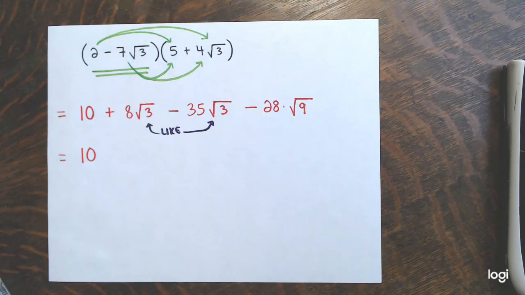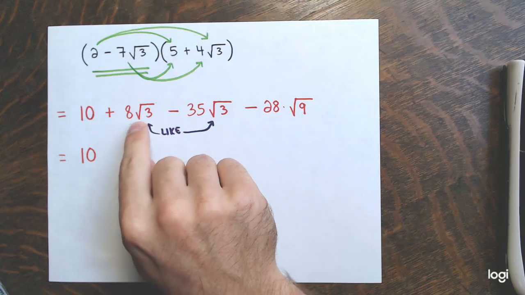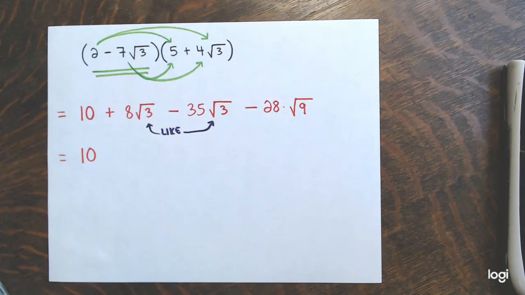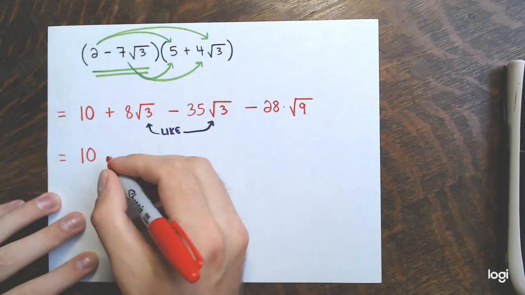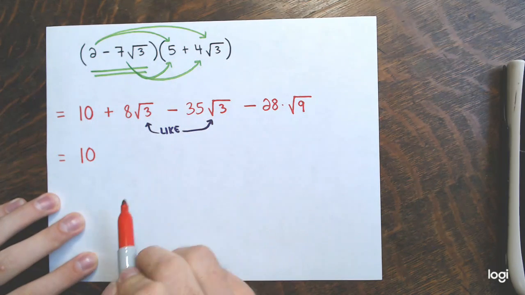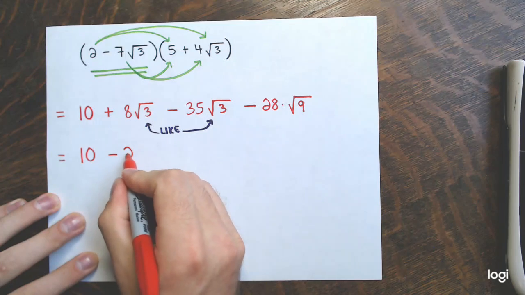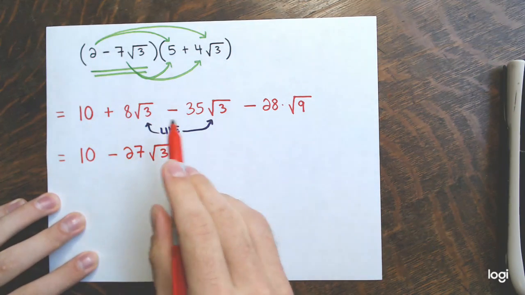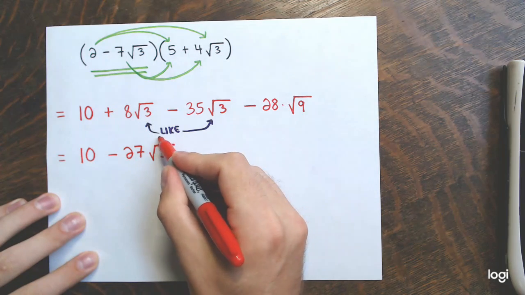Another way you could think about it too is, like with polynomials, if you had 8x minus 35x, you would just combine the coefficients and keep that x. Right? So what's 8 minus 35? That's -27. So 8 times the square root of 3 minus 35 times the square root of 3 is -27 times the square root of 3. That's the next term. Right? Just combining these like terms right here.